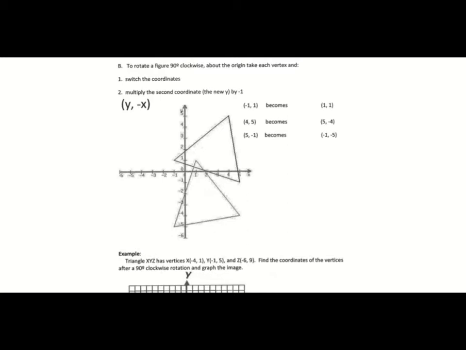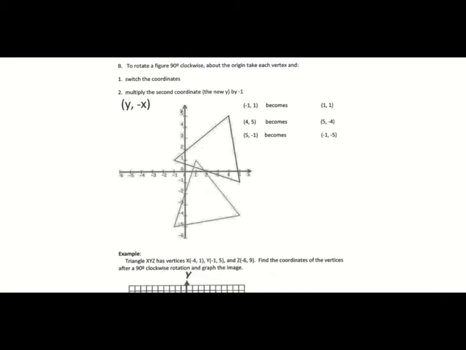Our next common rotation is a 90-degree clockwise about the origin. And this is similar to the other one, where we start by switching our coordinates, but this time we're going to multiply our second number by -1. So remember, you can use your notes on all of your homework assignments and on your tests, so make sure you're referring back to your notes so you don't forget which transformation is which.